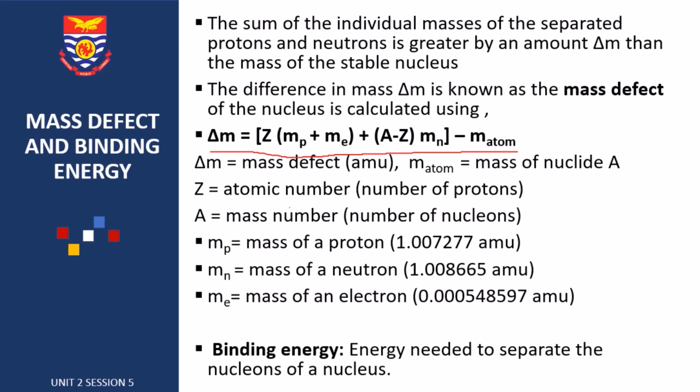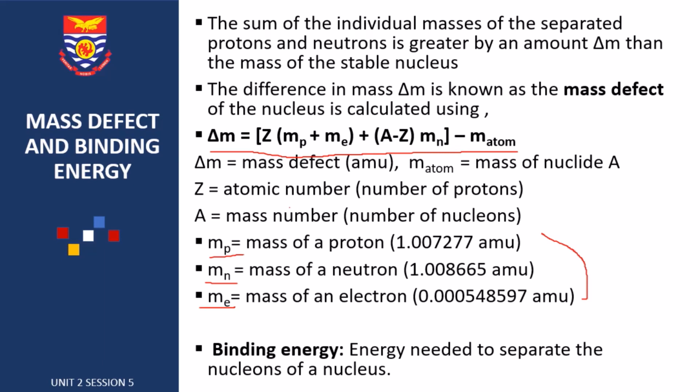So we have been given the mass of proton, mass of neutron, and mass of electron over here, and these masses are what we substitute into the equation, knowing the atomic number and mass number and mass of the atom itself.